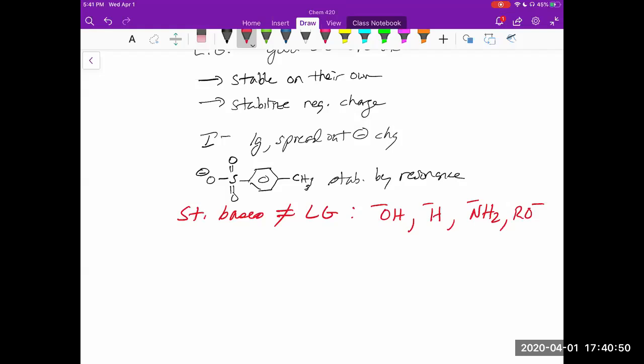Those aren't leaving groups, and that's because they're strong bases and they aren't very stable on their own. They're very reactive, so they don't leave. What we can do as a trick, though, is turn them, in a separate reaction, into a good leaving group.